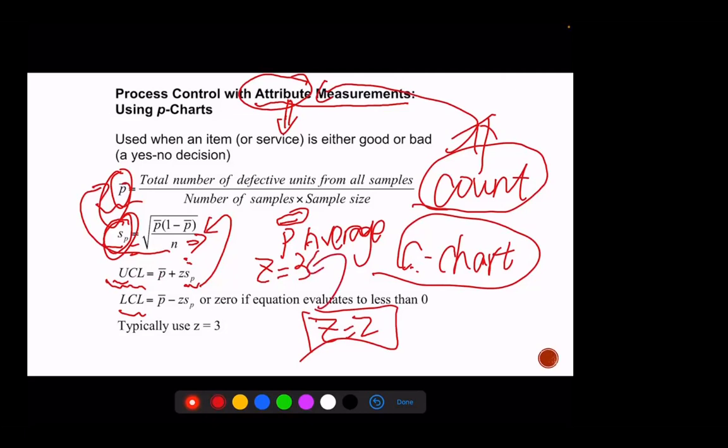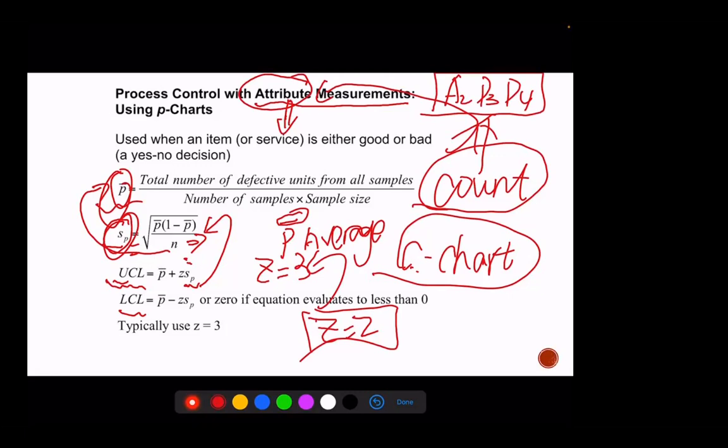So what does 3 mean, what does 2 mean? It's really similar to the A2, D3, D4 in the R charts and X bar charts. It talks about the confidence level. So how confident you are about your results, how much data you involved in your calculation.